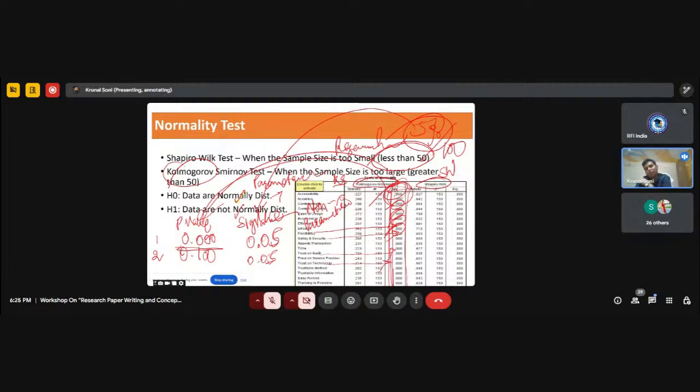By comparing these two values, which one is higher, p-value or significance value? Significance value, sir. Right, so you know the rule: the angle opens toward the higher value.